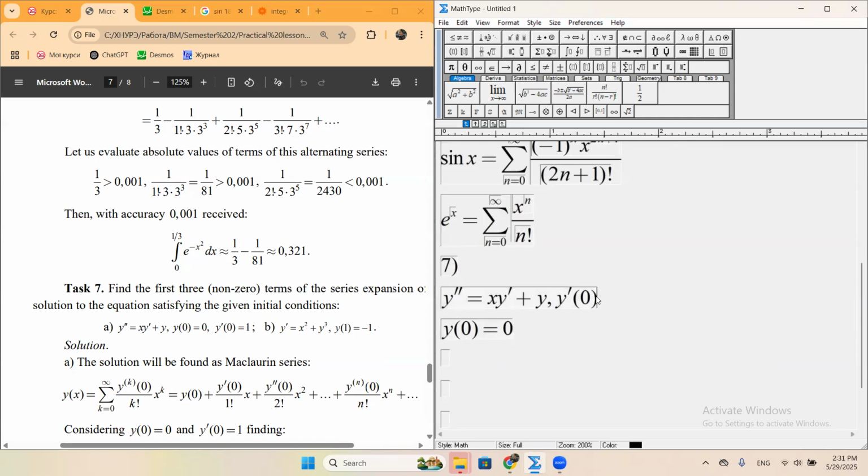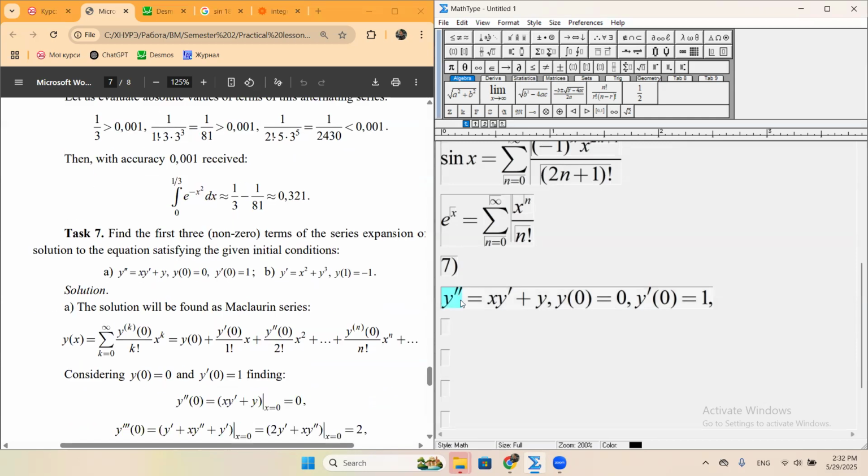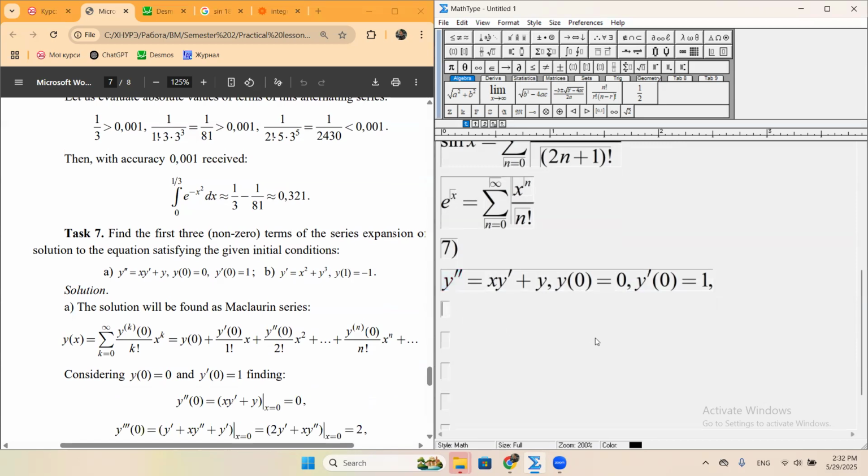And the second term: y of 0 equals 0 and y prime of 0 equals 1. Now we will calculate the value of the second derivative at point 0.